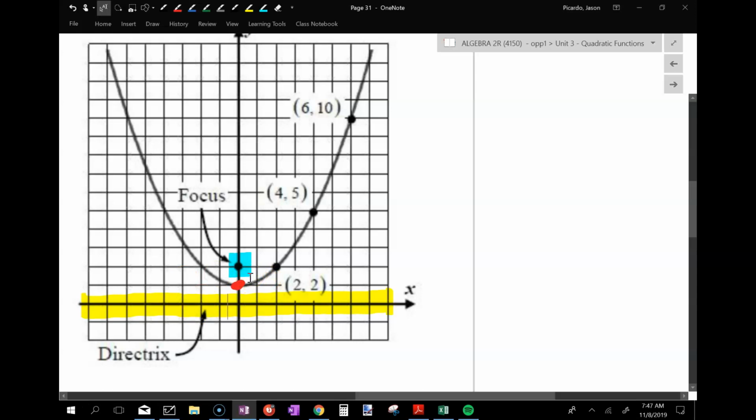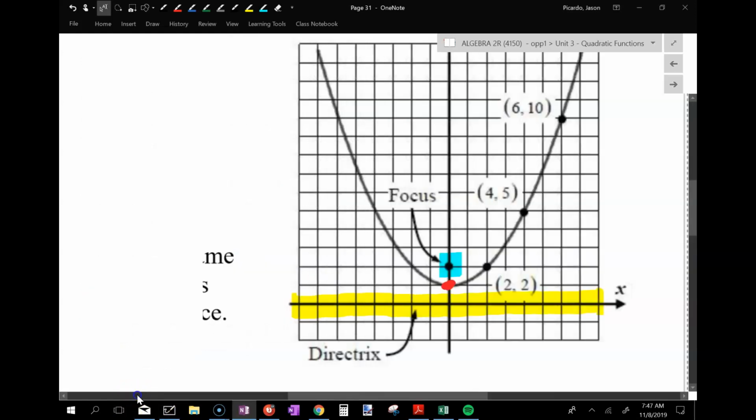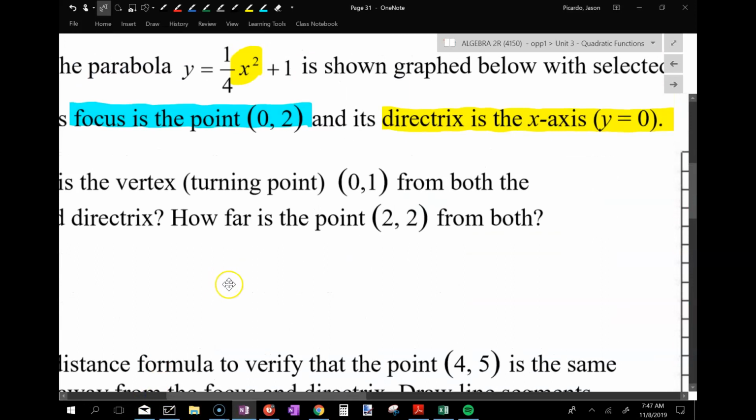Not a trick question. 1 unit. How far is that turning point from the directrix? 1 unit. So does that point meet the criteria of being equidistant from both the focus and the directrix? It does. Good. So let's go back over here. How far is it? It was 1 unit from both.